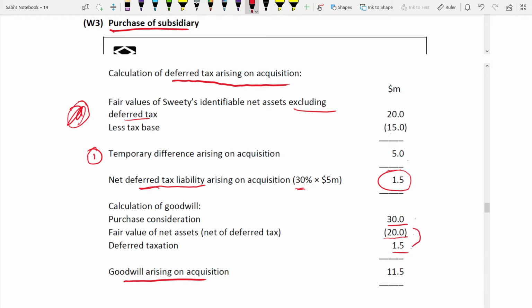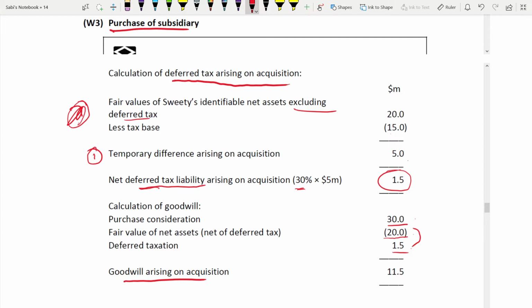Please explain this to me. Why is it an addition?